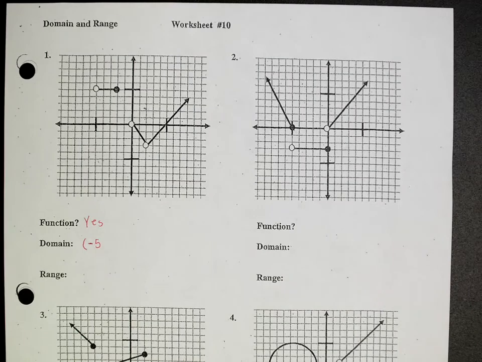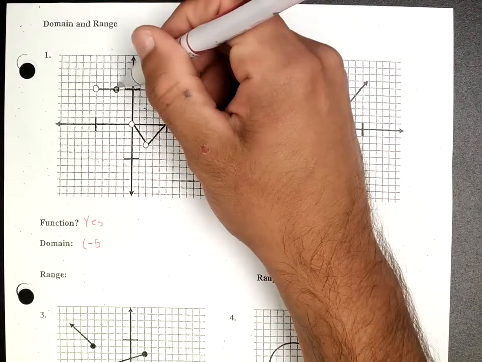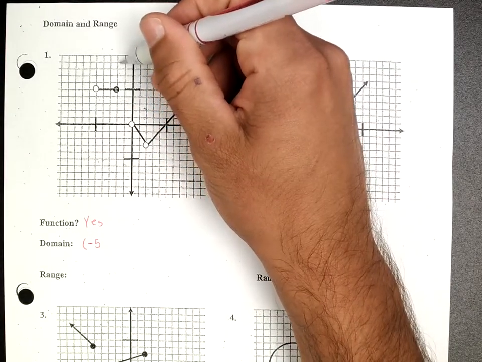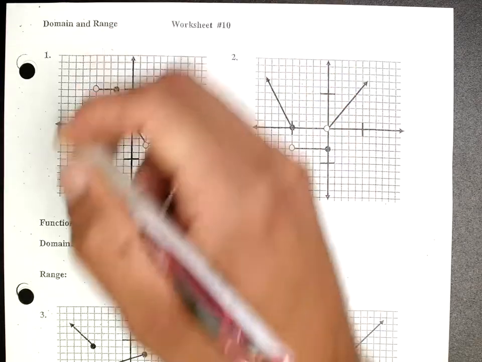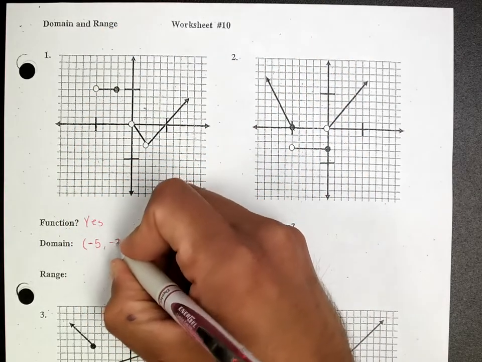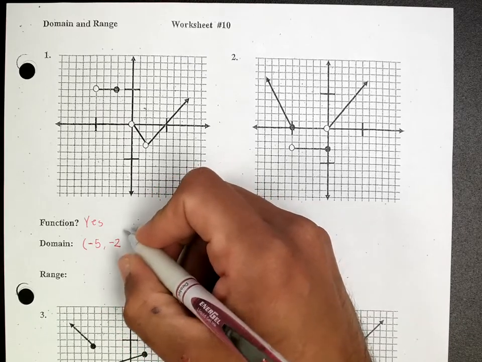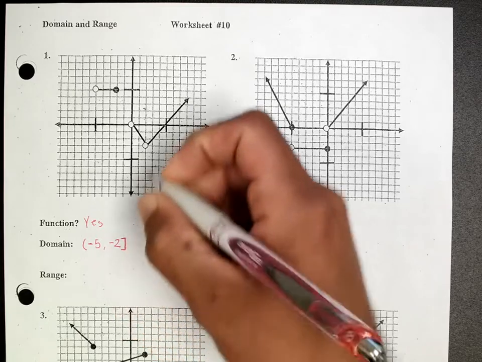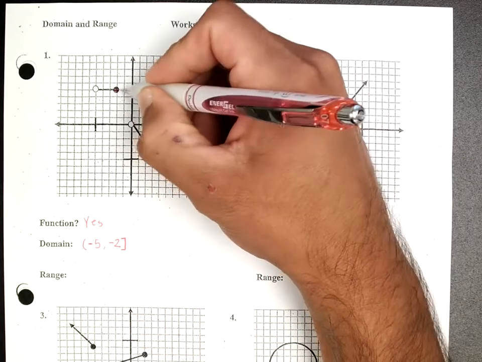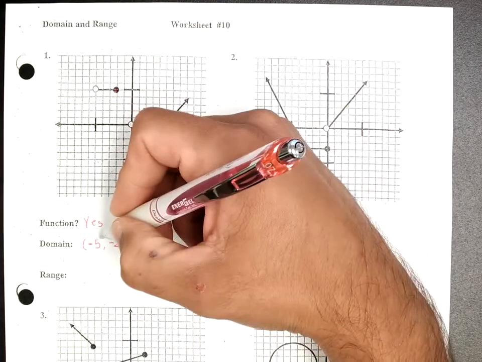Now as we go to the right, notice that the domain, actually part of it ends right here, and that number is -2. Okay? Now on this -2, I'm actually going to write a square bracket like this, because this point right here, -2, is included in the domain, all right?